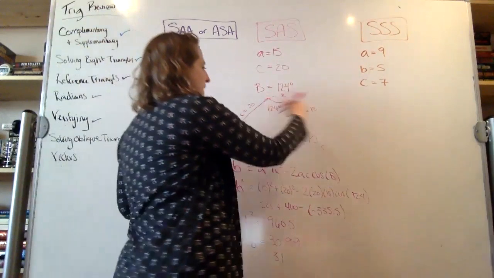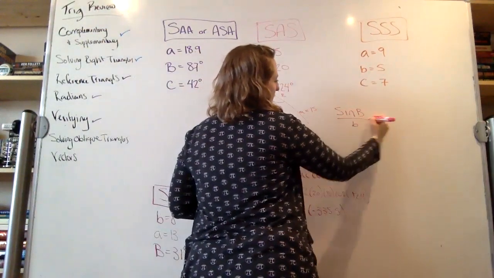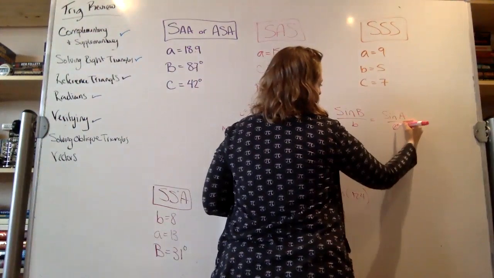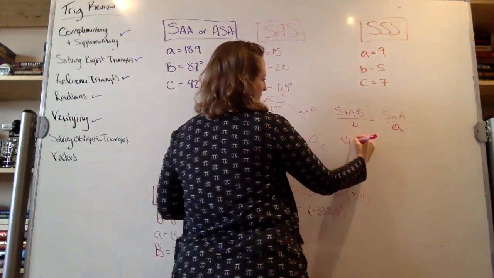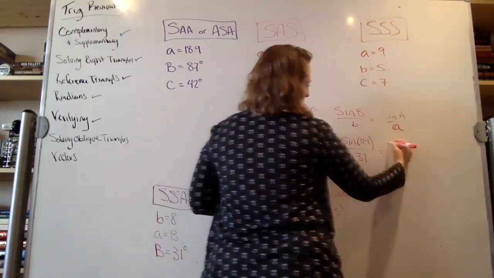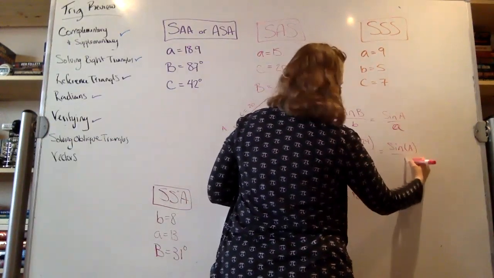So law of sines, I can say something like sine of B over B equals sine of A over A. So that says sine of 124 over 31 equals sine of A over 15.